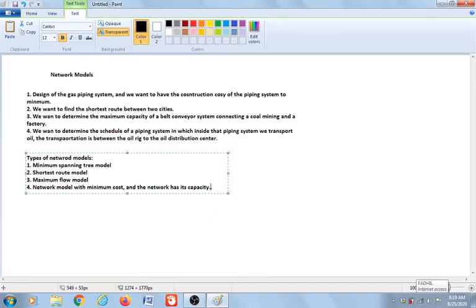That is the correct name for model number four.